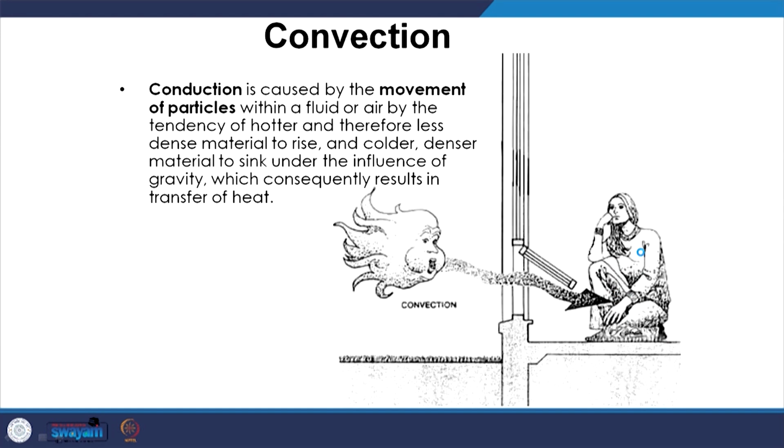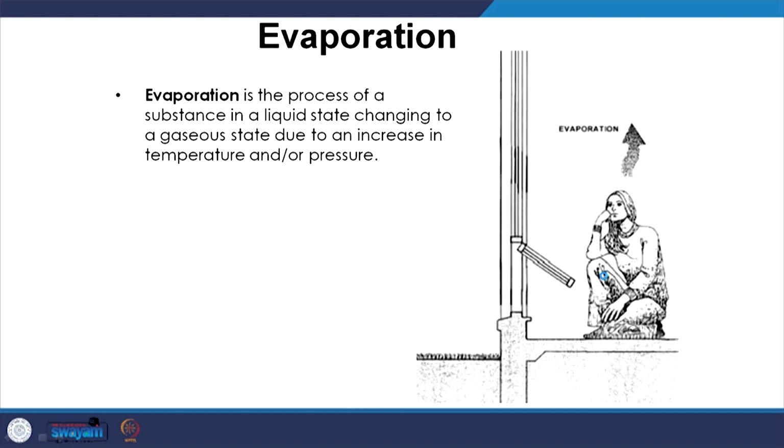Convection is the heat transfer caused by the movement of particles. So, through the movement of air, this is convection. Then we have evaporation, which is the process of change of state from liquid to vapor, the gaseous state. So, the process of evaporation is also a way of heat exchange.